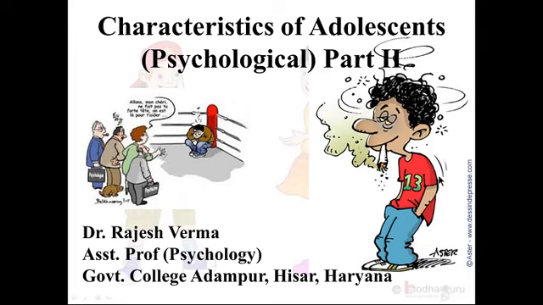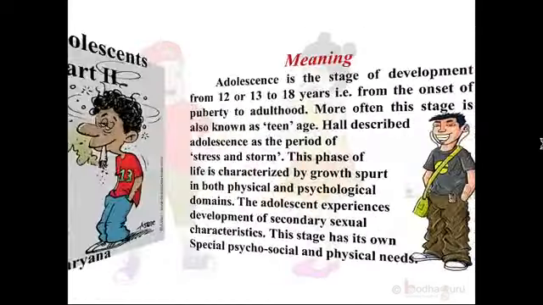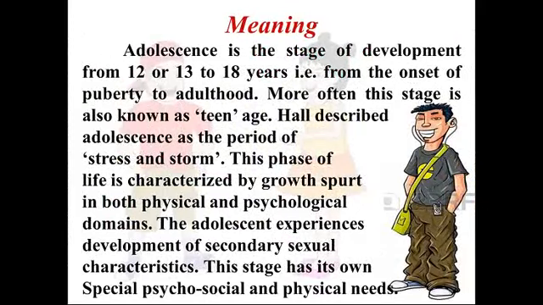They think that they must be independent in their dressing style, whatever they use, their body posture, and anything they want. And here is the pressure suggested by these three or four people on this adolescent. So this is a very wonderful stage and golden period of life. Let us understand what this denotes.